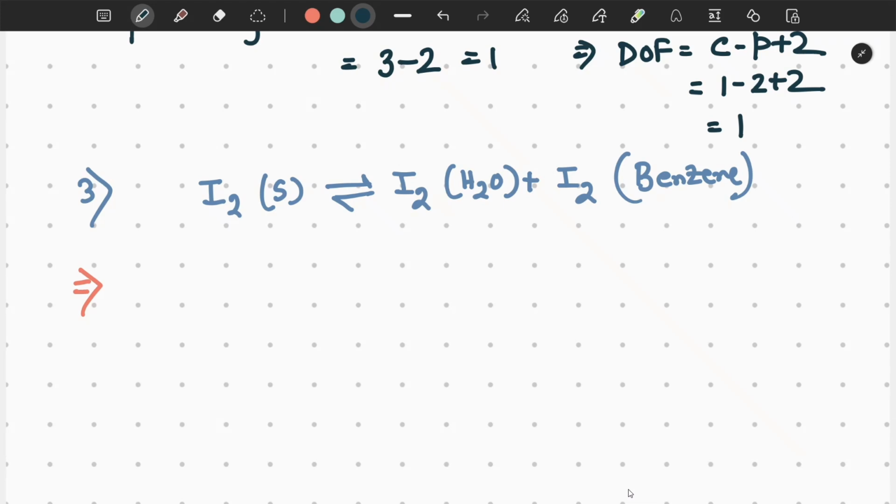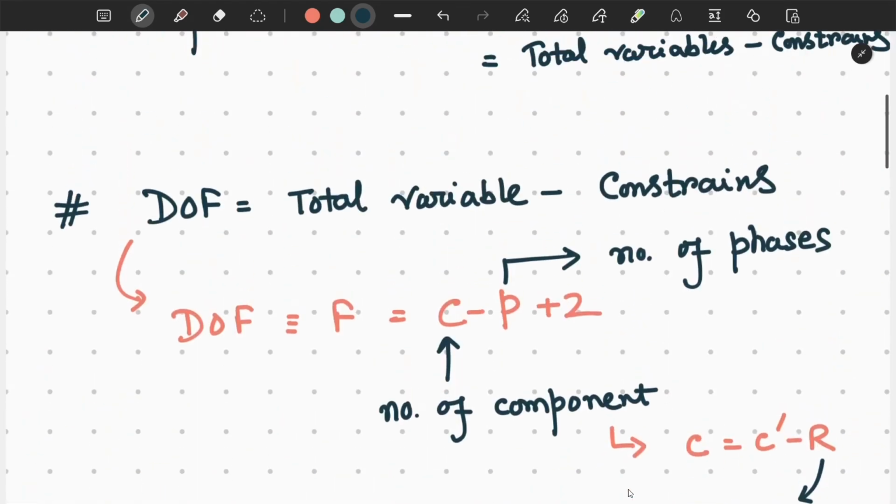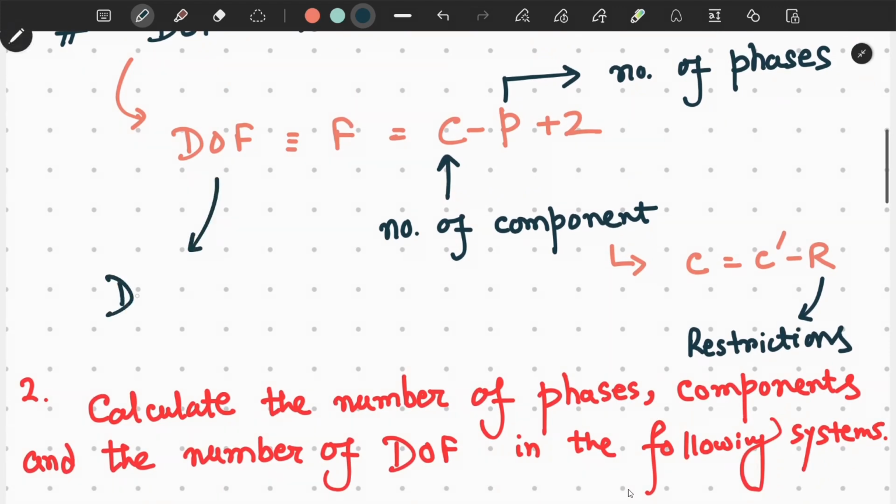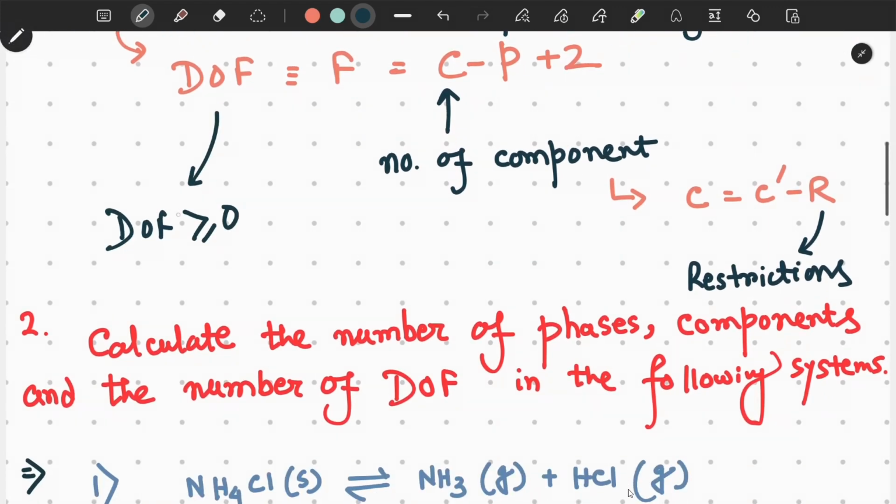Phase is 3, component is 0, and degrees of freedom is -1. Degrees of freedom can be -1? It cannot be -1, since degrees of freedom is always greater than or equal to 0. So how can it be -1?